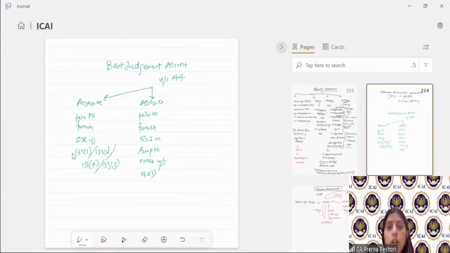Or the assessee does not comply with 142.1 requirements, what the AO has asked for.